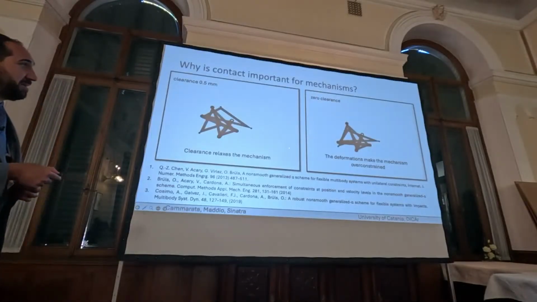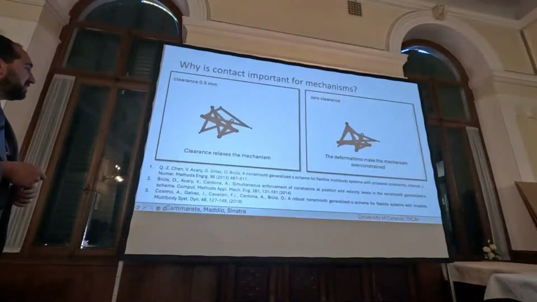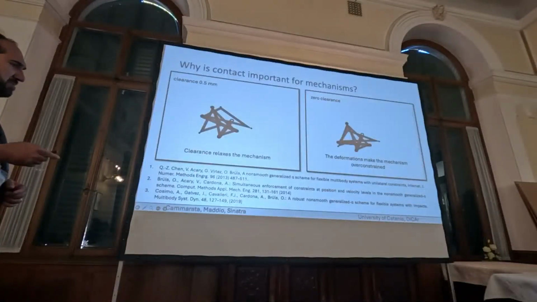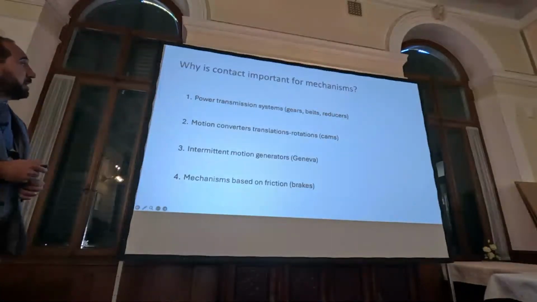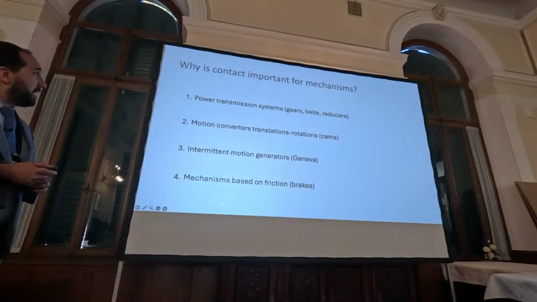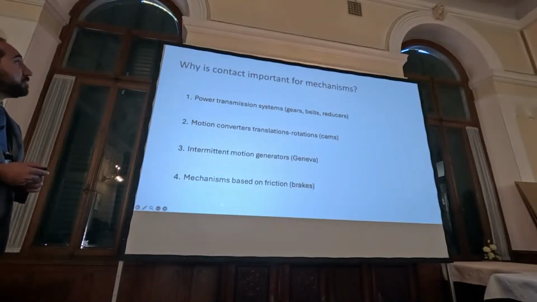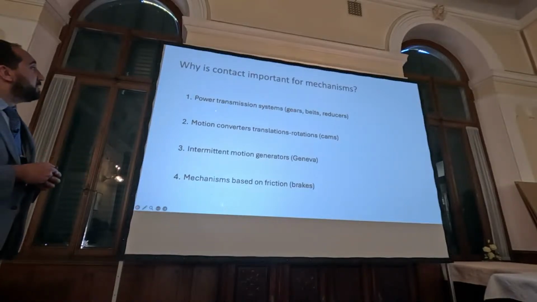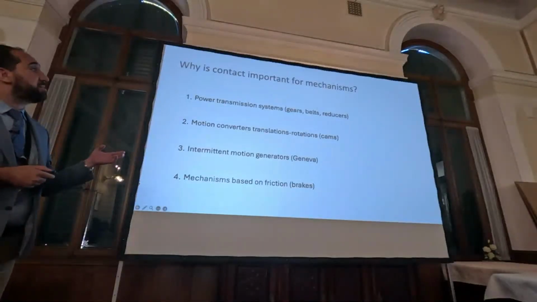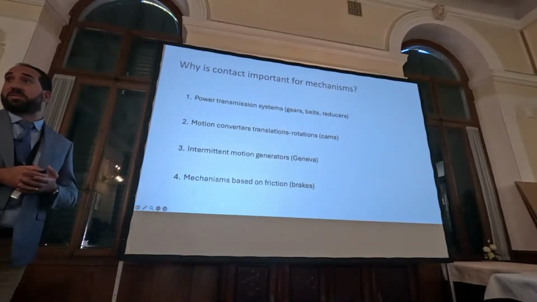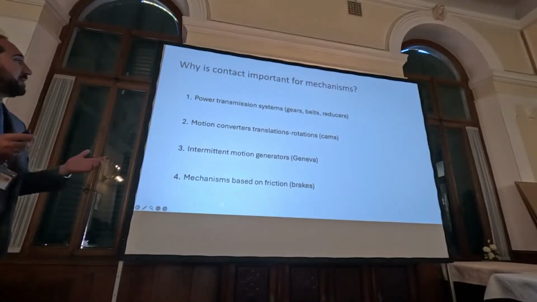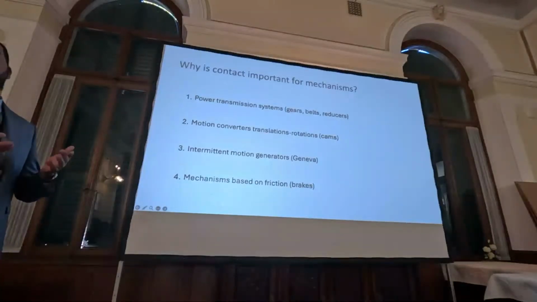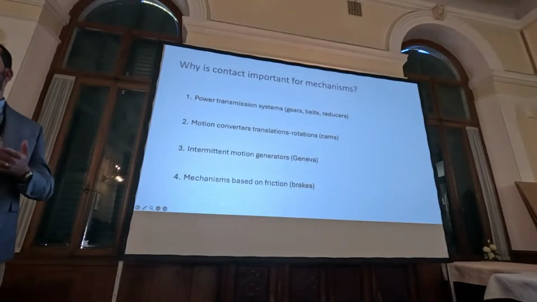These two simulations have been performed using non-smooth dynamics methods, different from the methods I'm going to present today. Some applications where we can observe contact are power transmission systems: gears and belts are based on contacts of profiles to transmit power. But sometimes we are more interested in transmitting or converting motion.